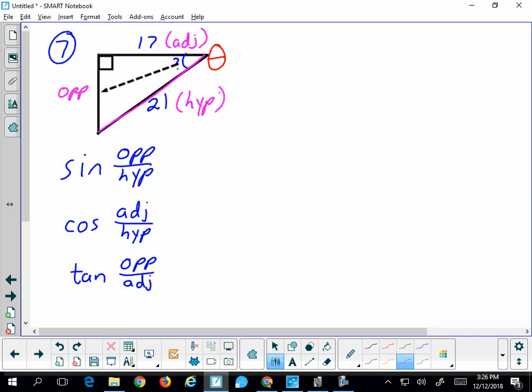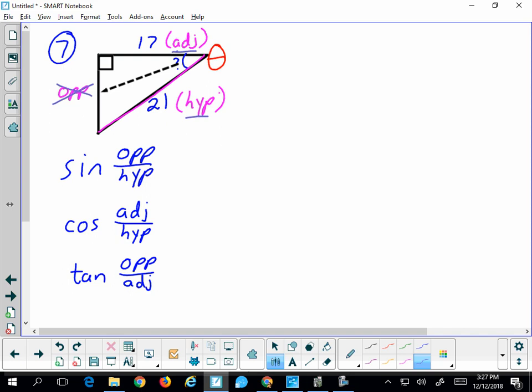So in this problem, we know 2 of the sides, but not the third side. The side we don't know is the opposite side, so we're not going to use the opposite side. Then I need to identify which of the 3 trig functions uses the adjacent side and the hypotenuse.